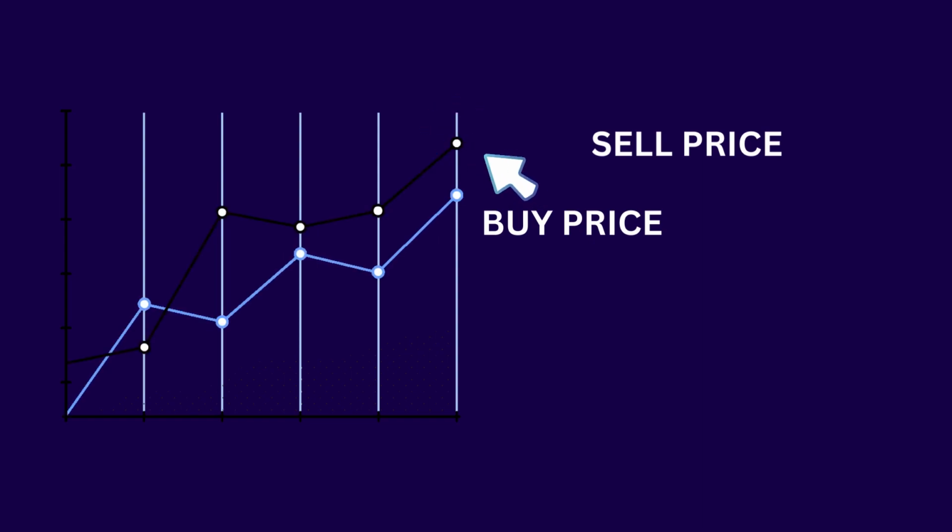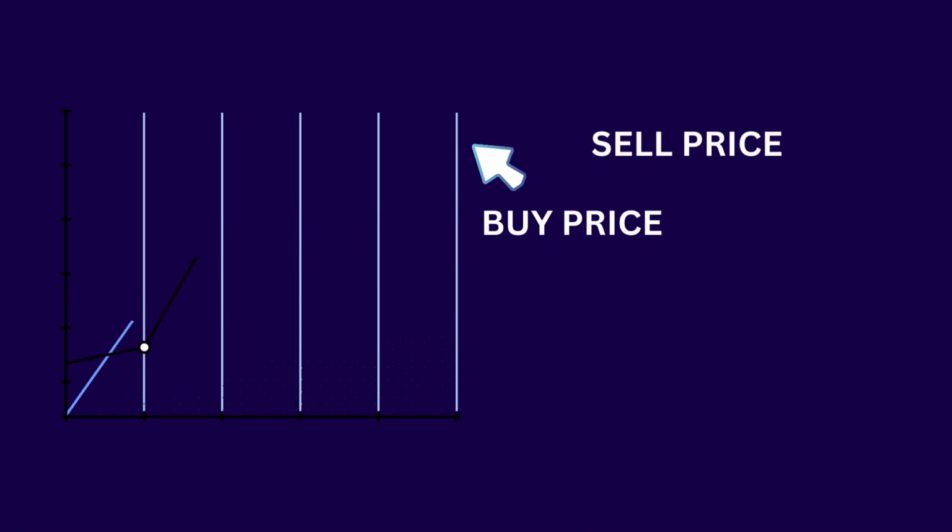There are two prices quoted for each unit trust, a buy price and a sell price. The sell price, or repurchase price, is the price at which the fund manager will repurchase your units, while the buy price is the price at which you can purchase units.